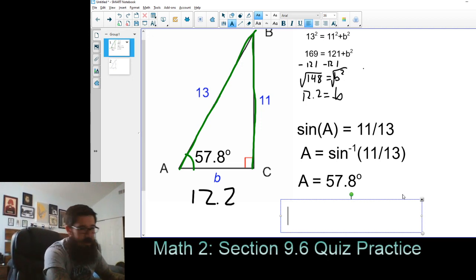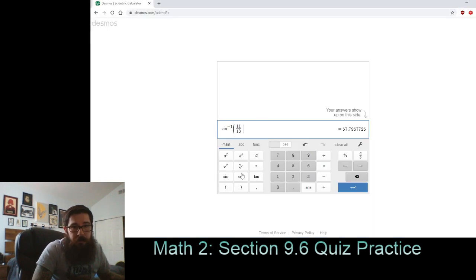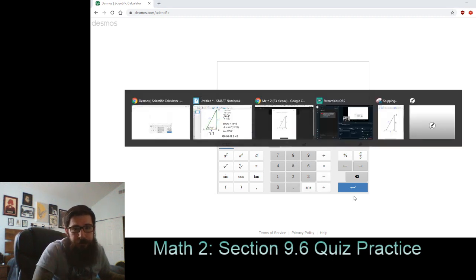We did it in the other slide, so I'm just going to do 180 minus 90 minus 57.8 equals B. Let's see what we get. Okay, let's clear that out. 180 minus 90 minus 57.8. 32.2. Cool.